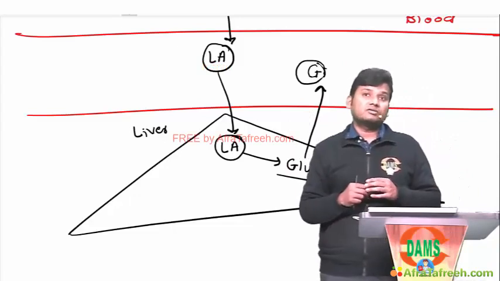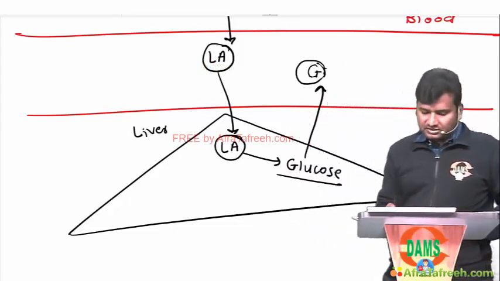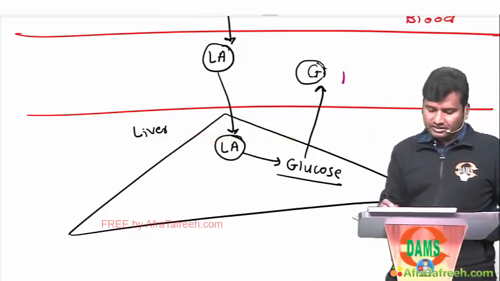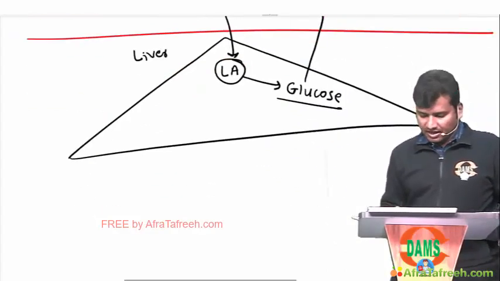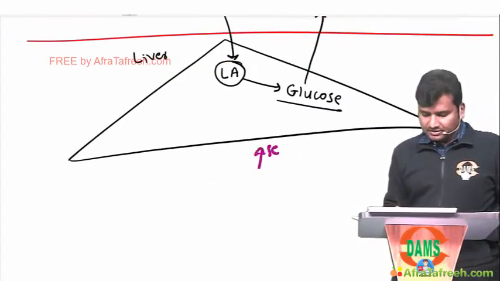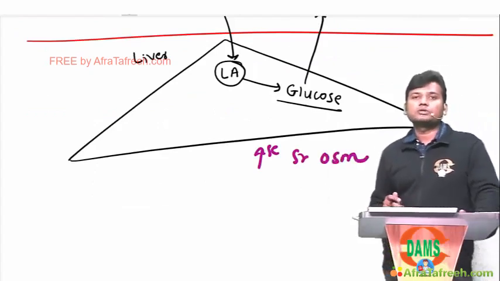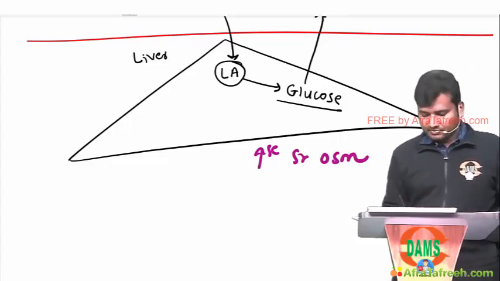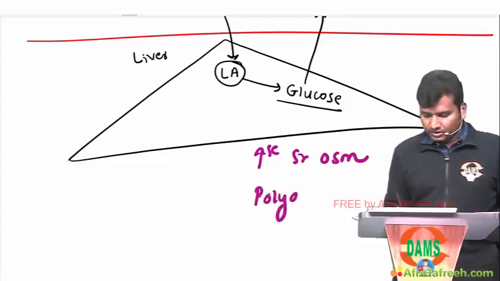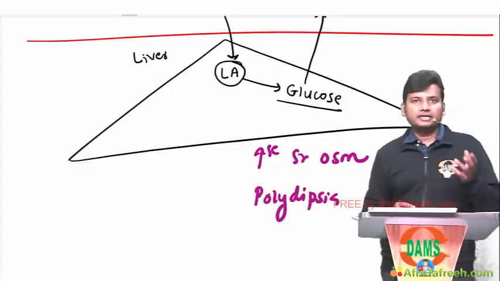So the patient is developing severe hyperglycemia, and because of the severe increase in glucose in blood, the patient will have increased serum osmolality. This increased serum osmolality will stimulate the thirst center in the brain, and the patient will have the clinical feature polydipsia.